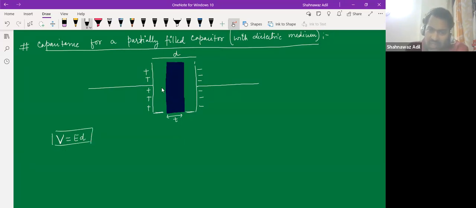Now you see that there are two things in here, right? So voltage would have two contributions. One would be from this one, the other would be from this.